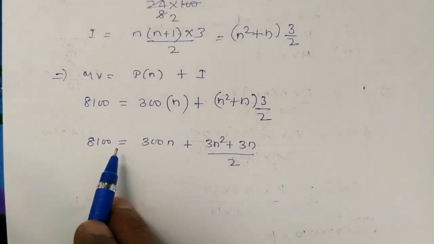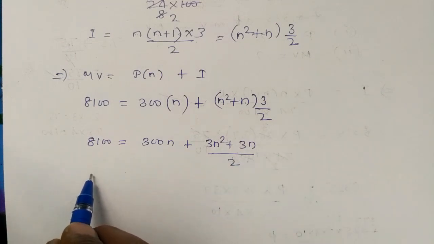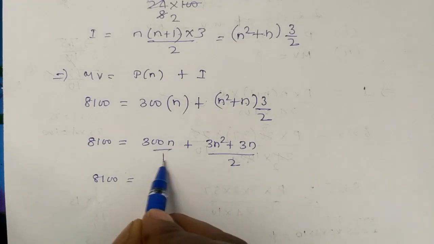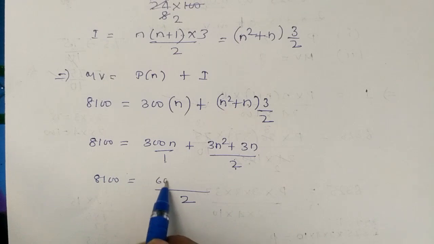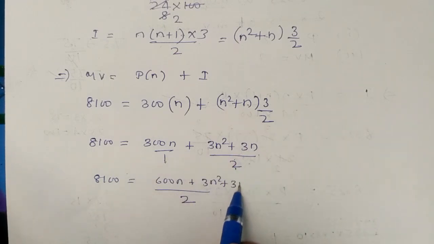So we go for LCM on the LHS, not on the RHS. 1100, you take LCM: 1 into 2, 2; 2 into 300, 600n; plus 1 into 3n square plus 3n.